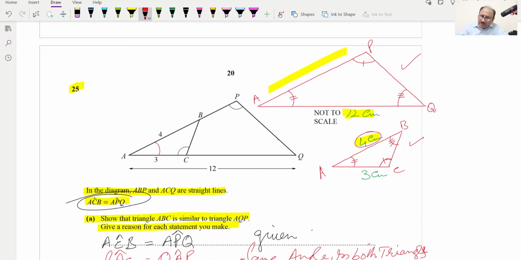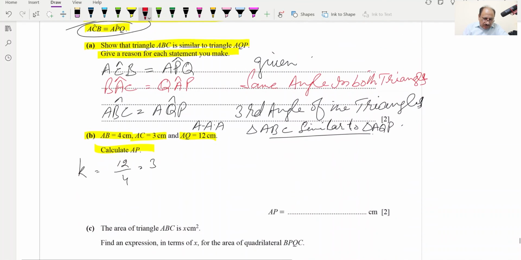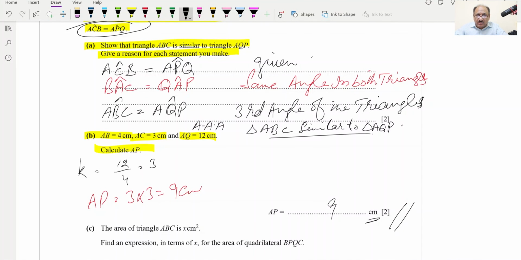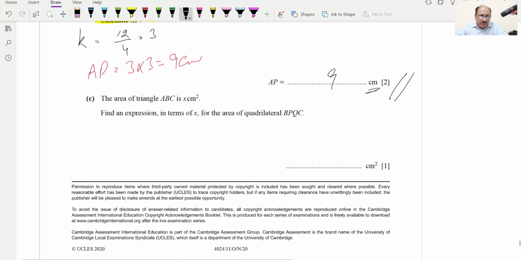This one, 4 multiplied by 3 will be 12. Similarly 3 multiplied by 3 will be 9. So AP is equal to 3 multiplied by 3, which is equal to 9 centimeters. So we can write here 9 centimeters is already there. So this was a 2 marks question, which we are done.